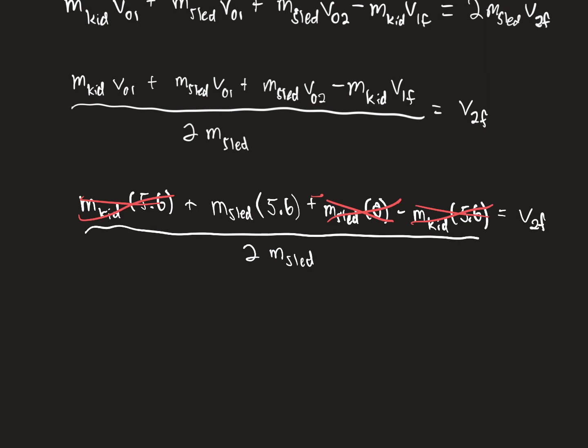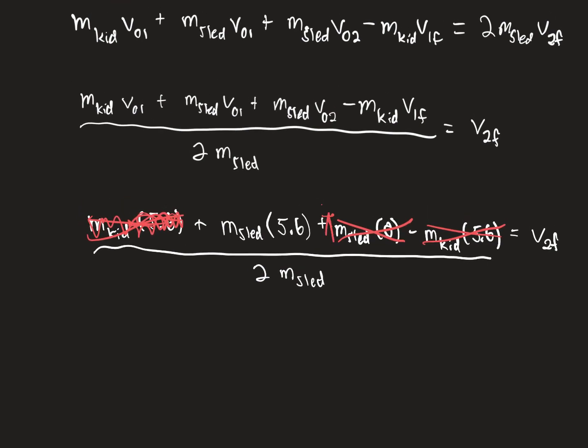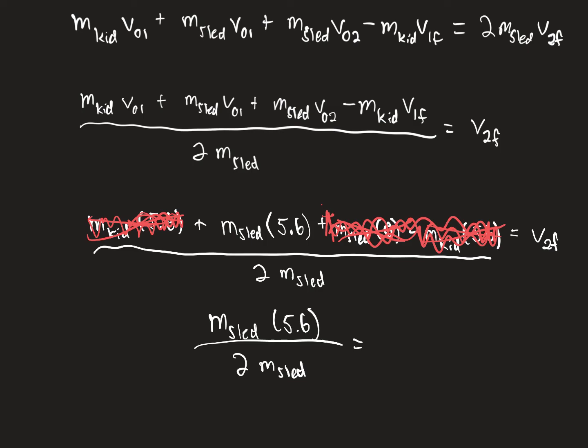Anything else I can cancel out? So now I've gotten rid of all of this stuff. That doesn't exist anymore. Can you cancel out the 2 M sleds and just divide 5.6 by 2? Exactly. I have now M sled times 5.6 divided by 2 times M sled. That is equal to V2 final.